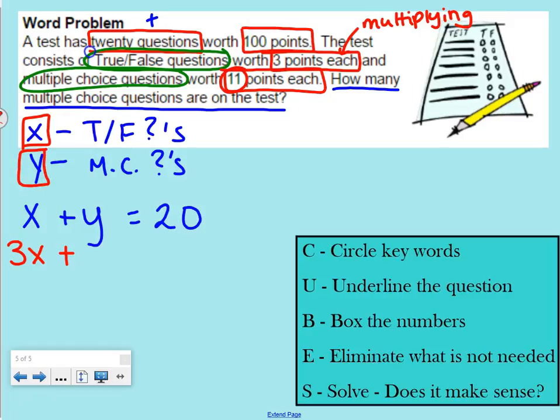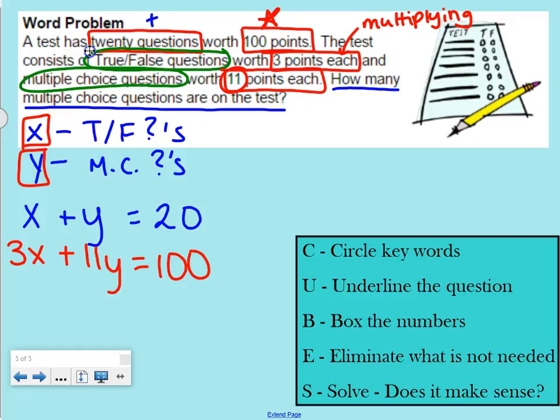So for every y, we're going to say that's worth 11 points. And the total, right there, 100 points. Now that we have our two equations, we can figure out how many multiple choice questions are on the test.